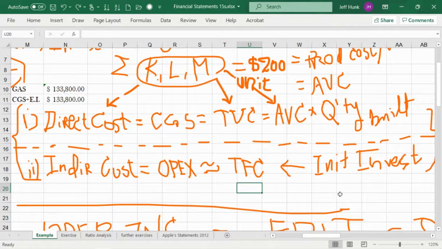I mean, you don't have any permanent real estate like a plant.